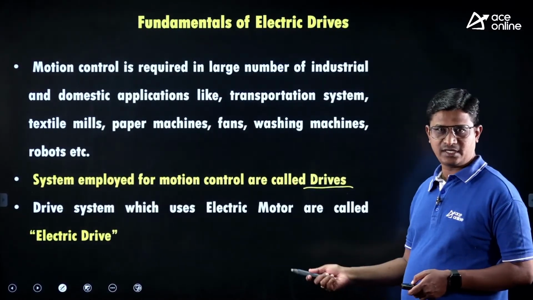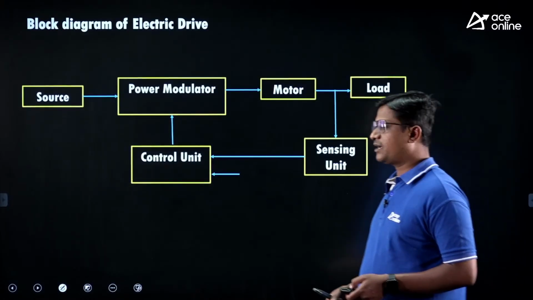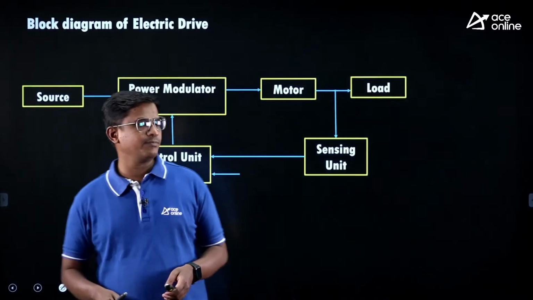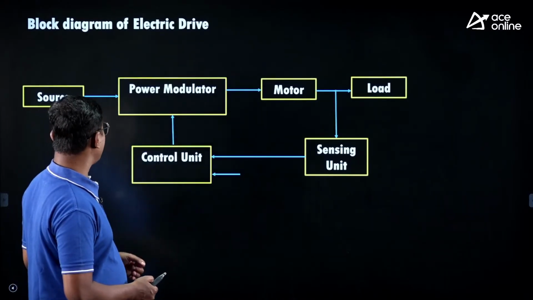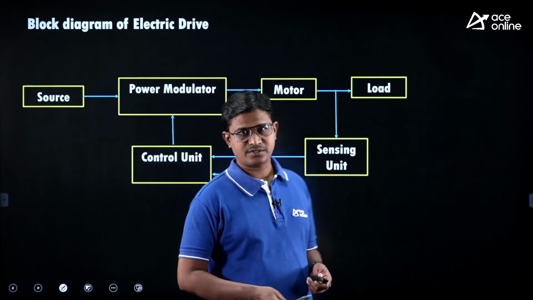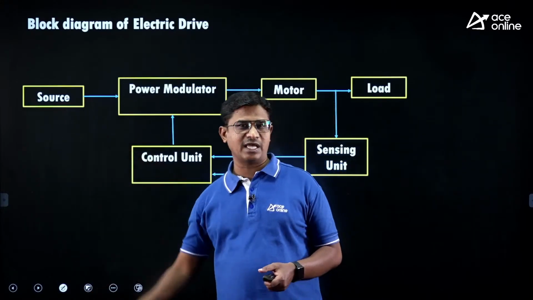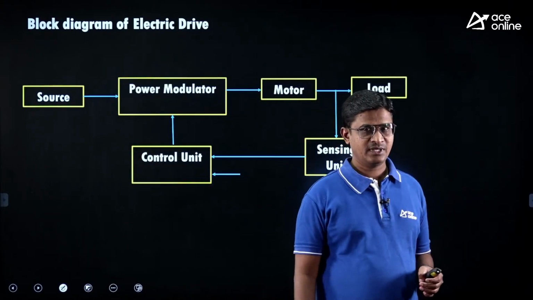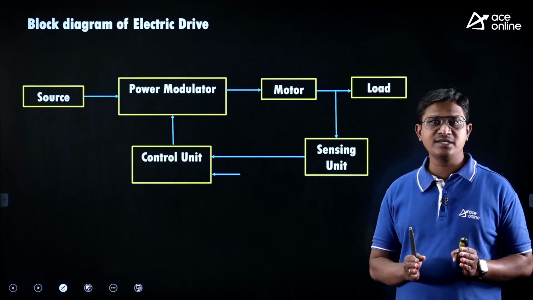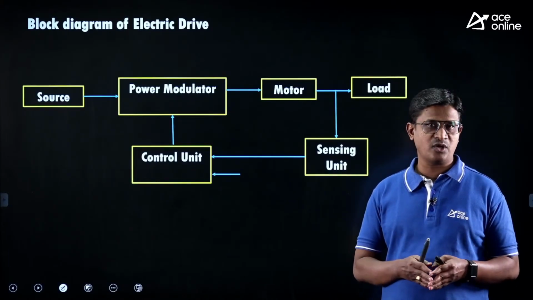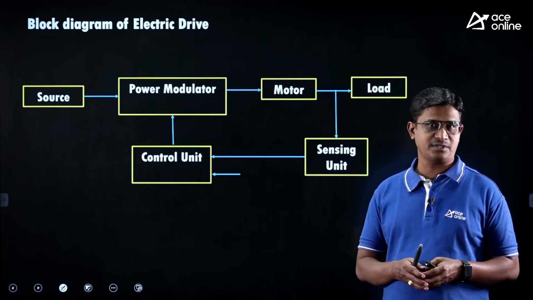electric drive, right. So the block diagram of electric drive, this is a simple block diagram of electric drive system. Here we are having the various blocks. First one is the source, right. The source can be AC or DC. It depends on the location where you are designing the drive system or where you are installing the drive system, right.